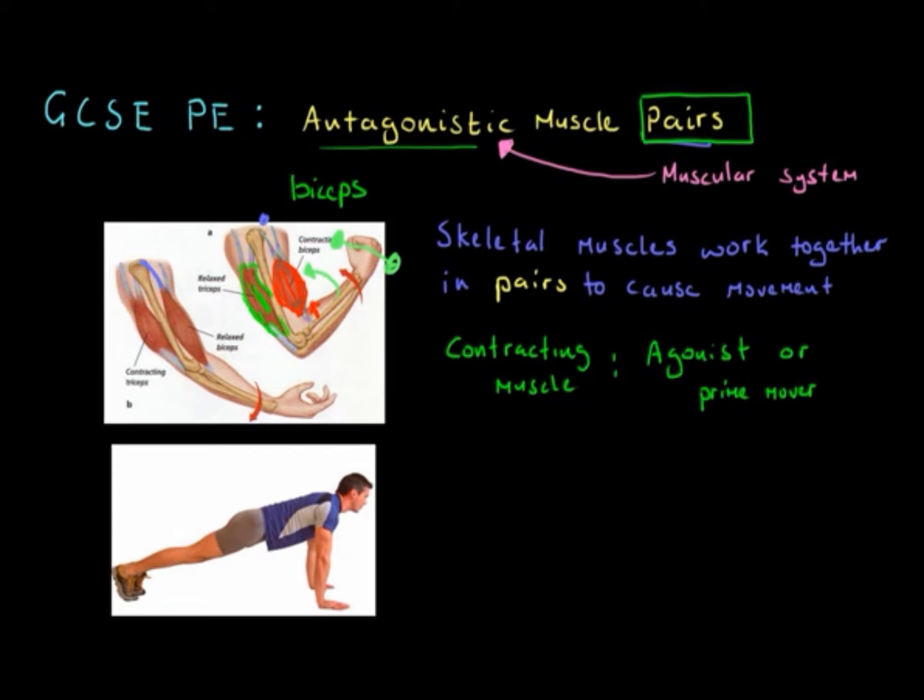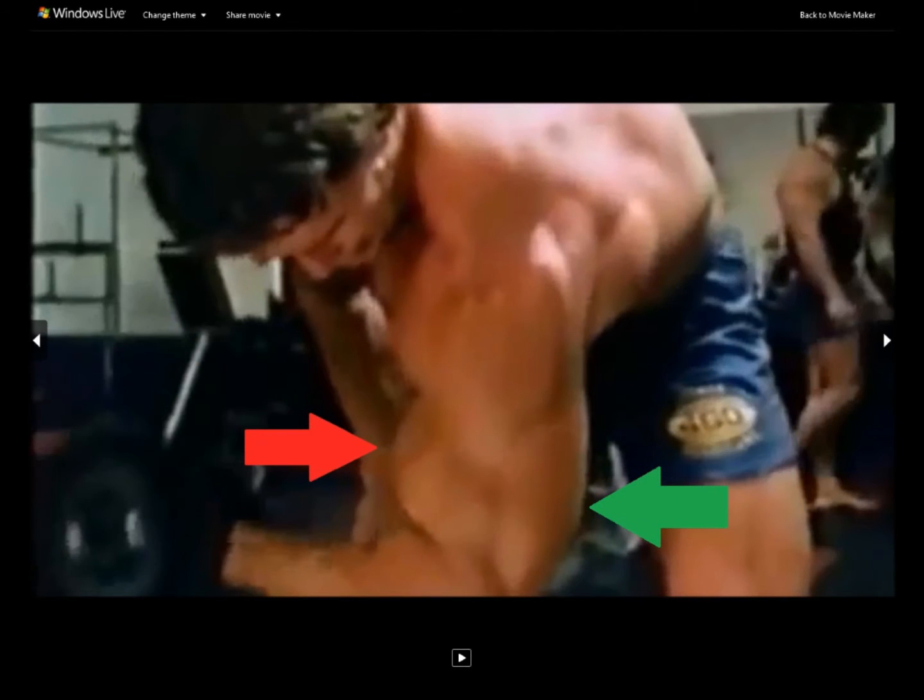The relaxing muscle, the muscle that is working in a pair with the contracting muscle but is relaxing during the movement, is called the antagonist. You can see where the term antagonistic pairs comes from. If we look back at Arnie here, the bicep is the agonist, the muscle that's working, and the tricep is the antagonist.